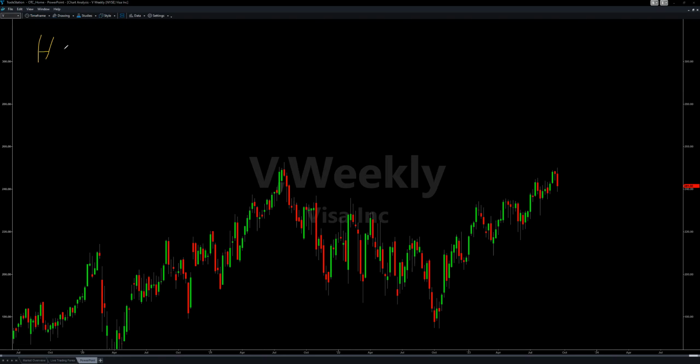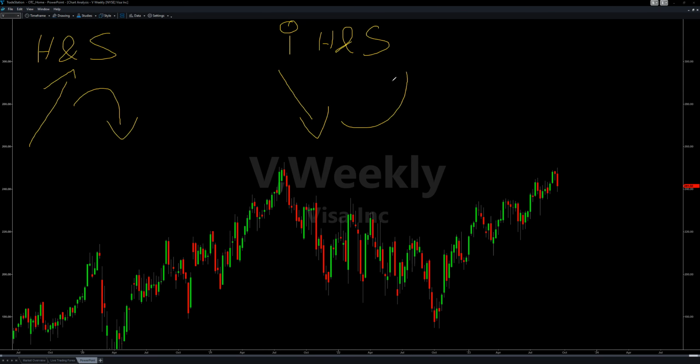The head and shoulders is a trend reversal from an uptrend to a downtrend. An inverse head and shoulders is from a downtrend to an uptrend.